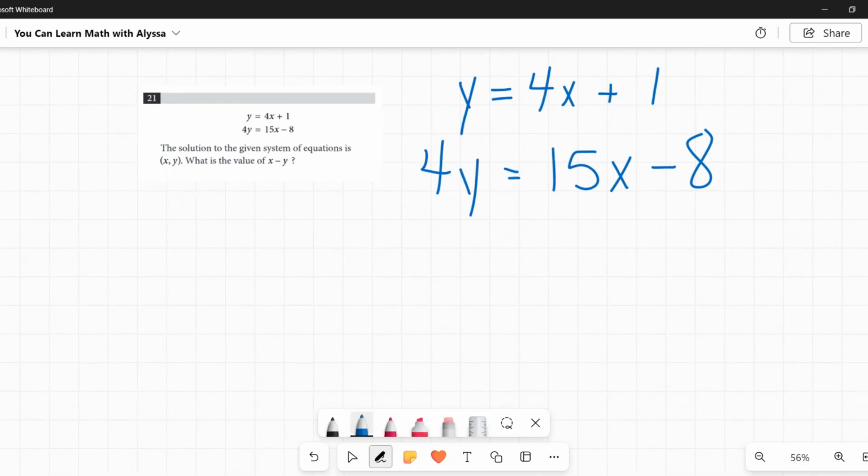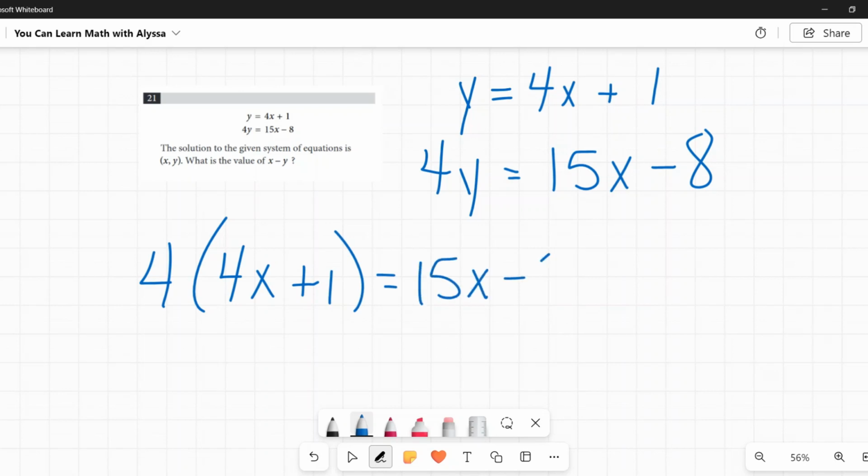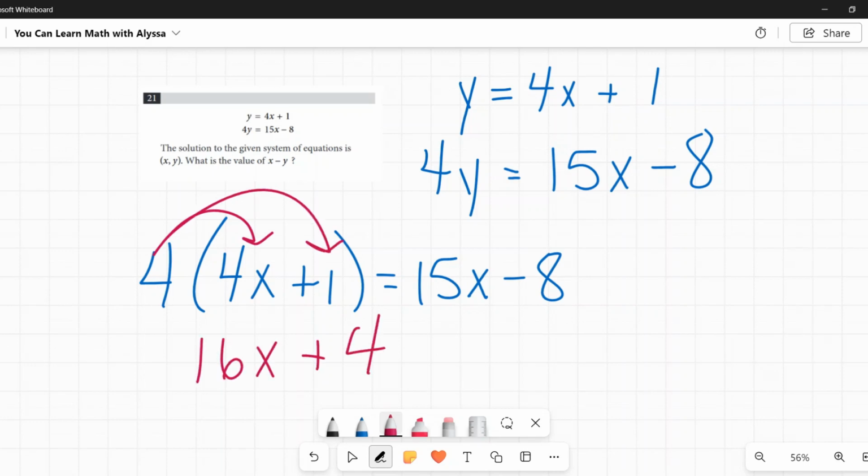All right, so if I do substitution, I'm going to plug that 4x plus 1 in for y, and I have 15x minus 8 on the right. On the left side, I'm going to distribute. 4 times 4x is 16x. 4 times 1 is 4. And still on the right, 15x minus 8.